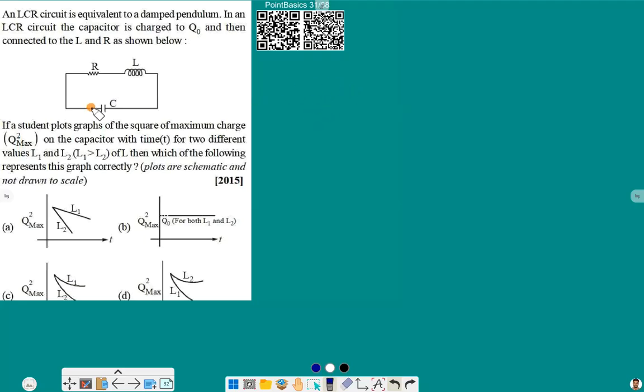Let's suppose that when we connect this capacitor with the resistance and inductor, there is a current flowing in this direction. So this will be positive, this negative, and positive and negative for these devices, the inductor and the other parts. Now if I write an equation in the direction of the current starting from point A, moving to the resistance, positive to negative, I will write negative, and suppose the current is I, so it will be negative IR.